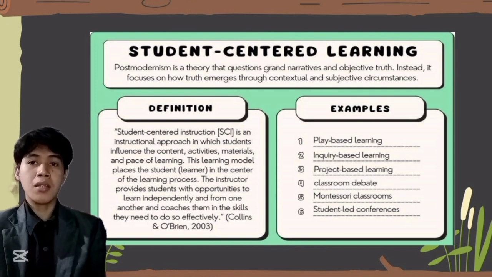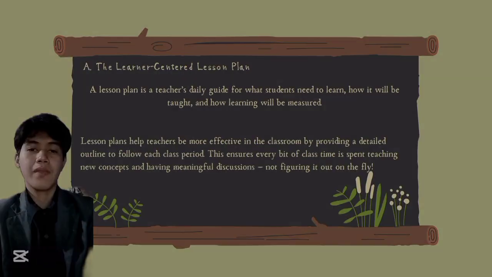These learning models place the student in the center of the learning process. The instructors provide students with opportunities to learn independently and from one another and coach them in the skills they need to do so effectively. Examples of these are play-based learning, inquiry-based learning, project-based learning, classroom debate, Montessori classrooms, and student-led conferences.